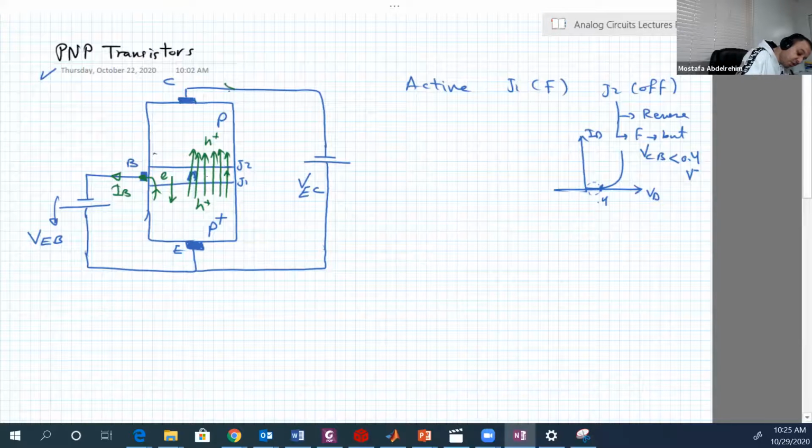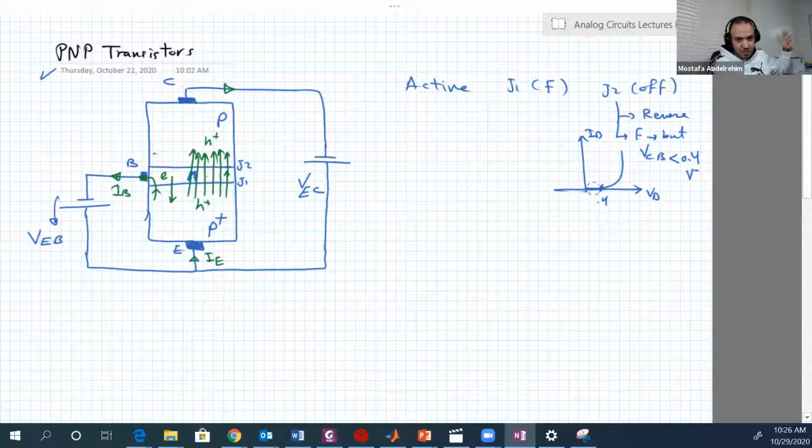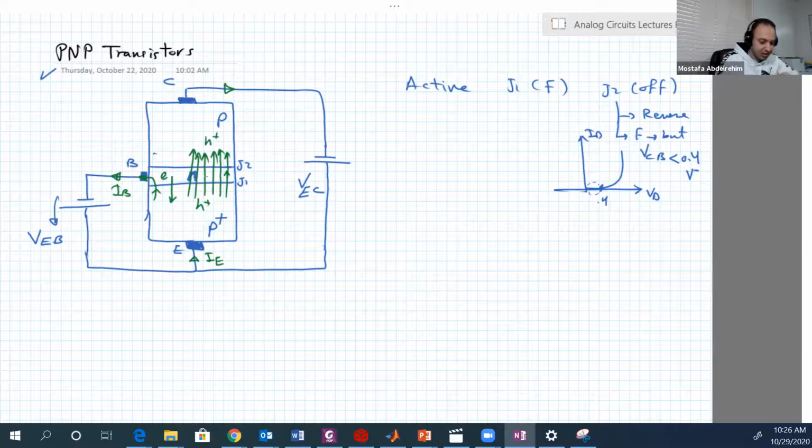And IC is flowing out of the collector, not into the collector. And again, IB is going out of the base, not into the base like NPN. And IE is flowing into the emitter, not out of the emitter like NPN. So everything is opposite.